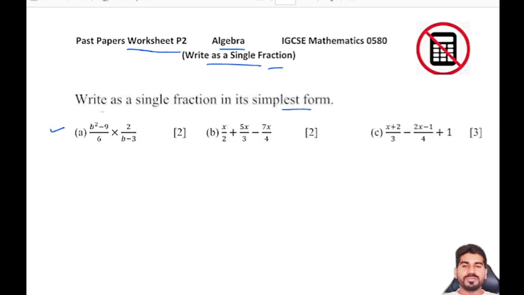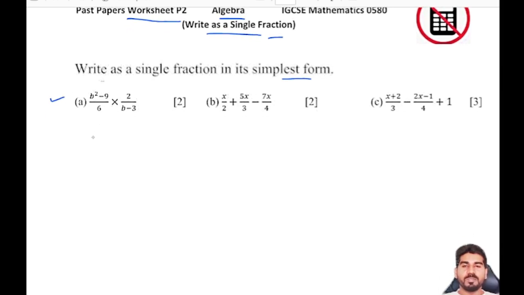Part A is given here, which is b squared minus 9 over something, and we know what the factors of b squared minus 9 are. It can be written with 6 and 2 over b minus 3. Now you can see here, 2 ones are 2 and 2 threes are 6. When there is a multiplication sign, we can cancel out and simplify like this.